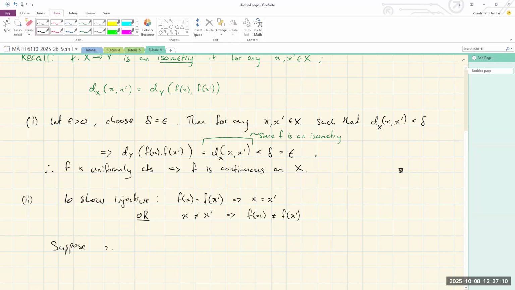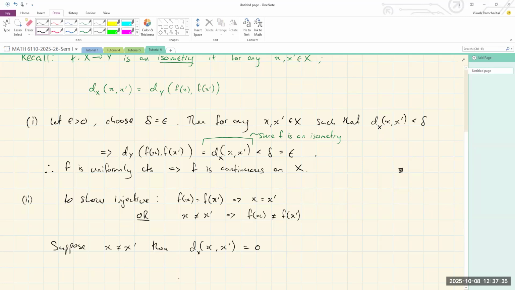So suppose x is not equal to x prime. Remember the metric has a certain property where the distance between any two points is equal to 0 if and only if these two points are the same. But I'm supposing these two points are different.